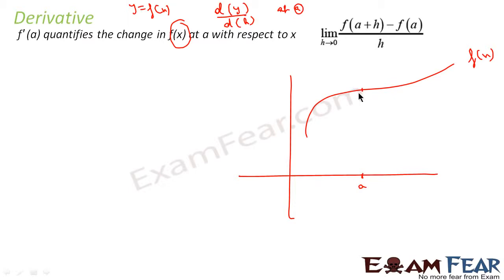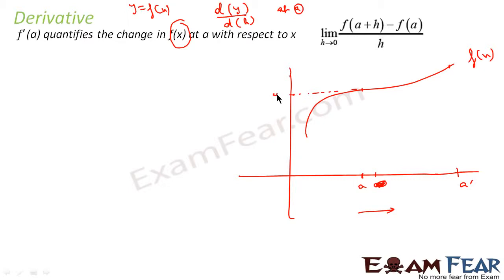Now at this point, I want to find the rate of change of this function with respect to this value. So let's suppose this is a dash. I will take this value a dash here to make things better. So this value f of a is nothing but this value.